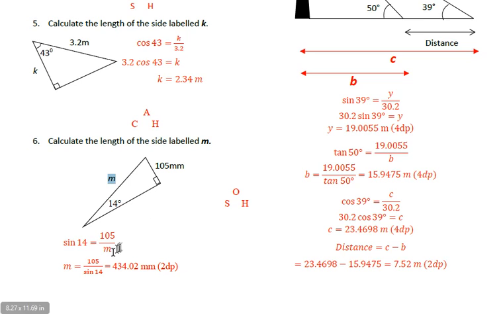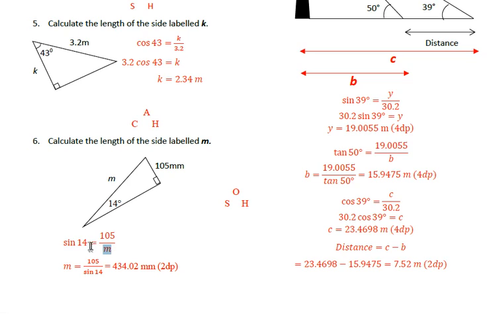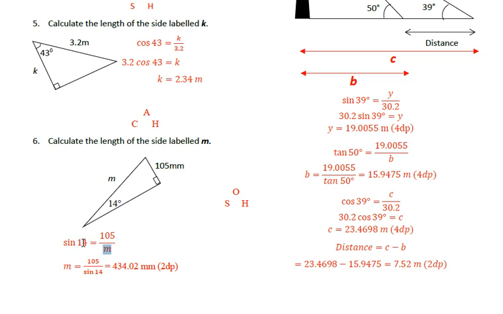What we need to do now, when the letter is at the bottom, you exchange that letter with the sine 14. You can swap it around. Now we don't have time to explain the reason why, but algebraically you've got something at the bottom on the denominator, and you can exchange it with the whole thing on the other side. So we're moving sine 14 down underneath the 105, and the m goes back up where sine 14 was.